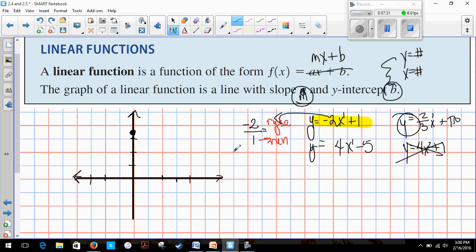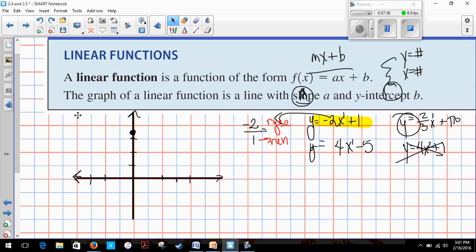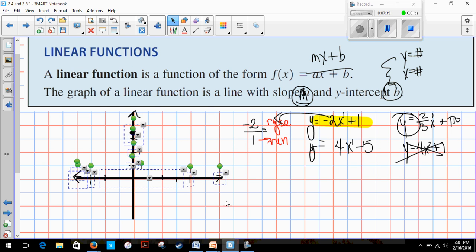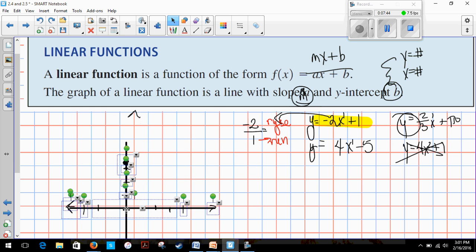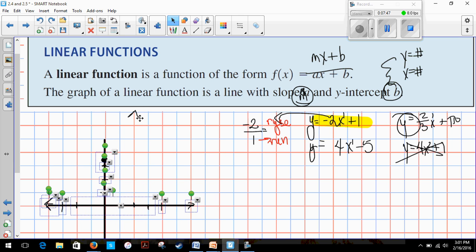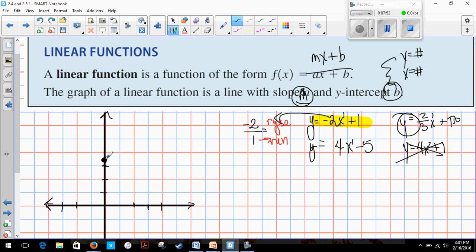So I'll begin there, and then I'm going to go up 1, right, so I'm a little bit here, up 2, and then I run 3: 1, 2, 3. And there's my line, which, by hand, is really pretty easy.